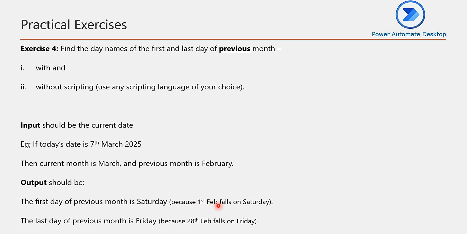So if 1st February, that is the previous month, falls on a Saturday, it should display as the first day of previous month is Saturday. Likewise, the last day of previous month is Friday, because 28th Feb is the last date of the previous month. That falls on a Friday, so it should show as Friday. Clear with this exercise? Okay, good.